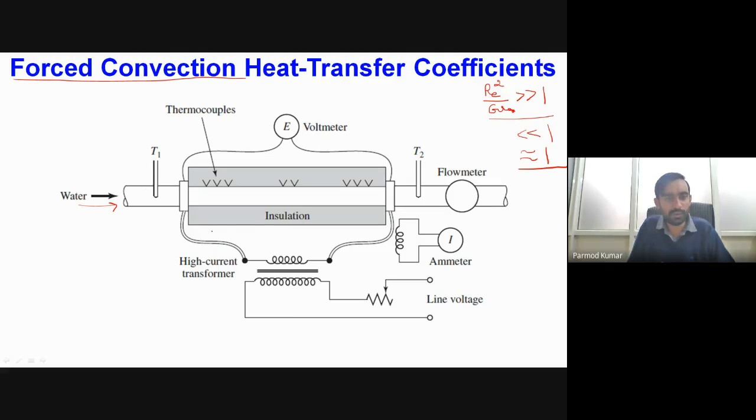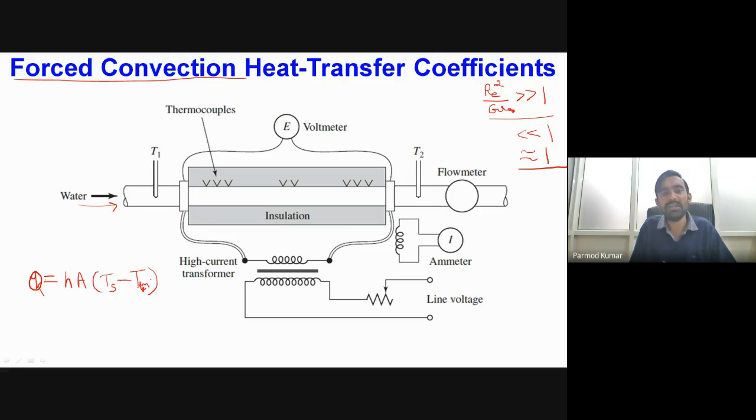From Newton's law of cooling, the total heat transfer rate Q is equal to H times area times the temperature of the surface minus the temperature of the fluid. I am writing the fluid temperature as Tbm, the bulk mean temperature of the fluid.